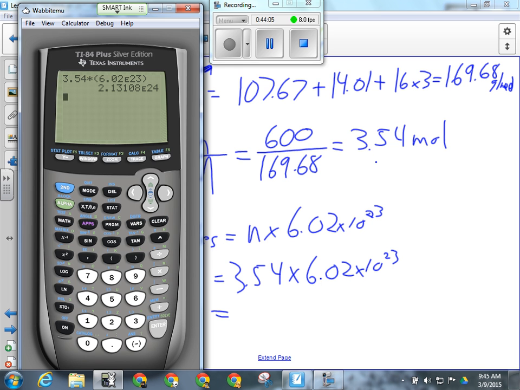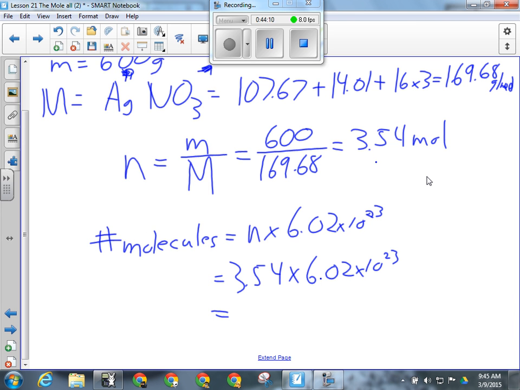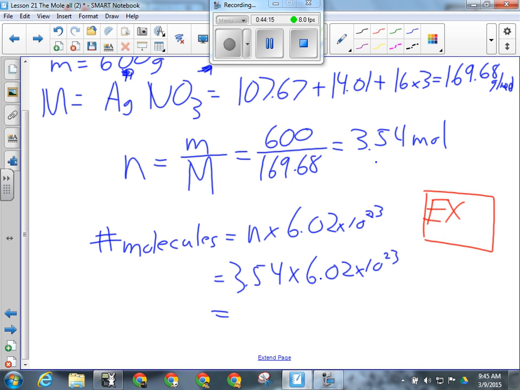Okay, now, if you have something other than a TI-83, you probably have a button on it that looks like this. Okay, that's your exponent button. So you would type in on your calculator 6.02 and then press this button, and it'll probably give you that E. All right, or it'll have a little times 10 somewhere. Okay, this will show up somewhere on your calculator screen. Then you type in 23.